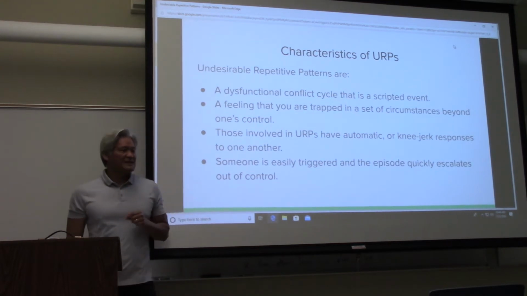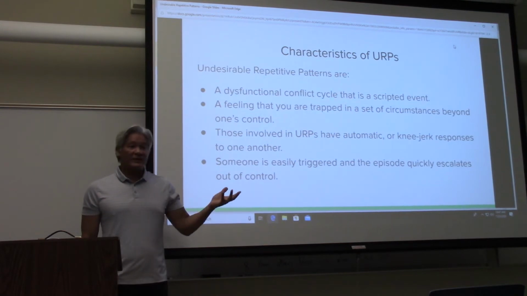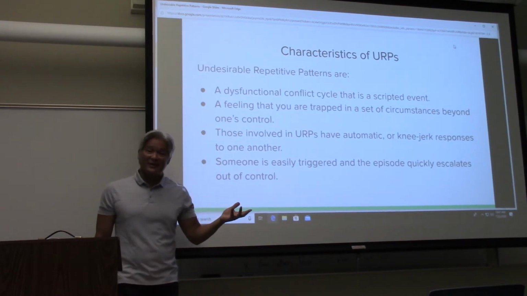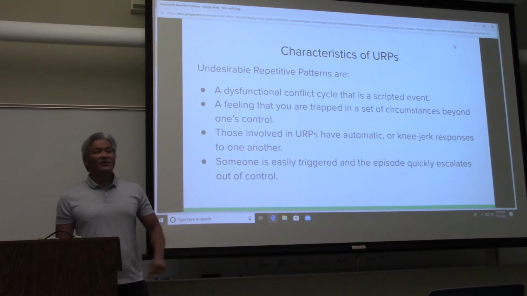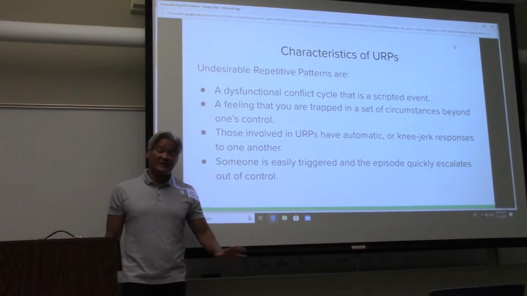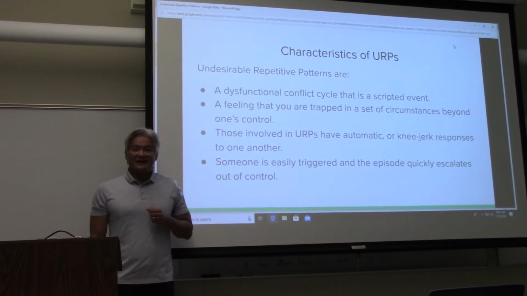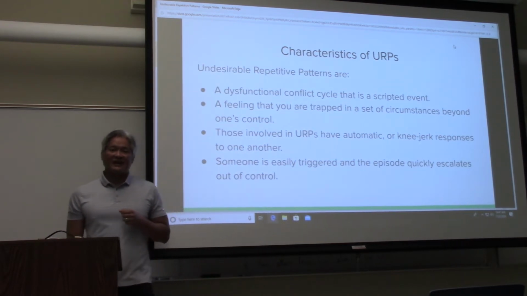Kitchen arguments seem really common with students at home living with parents, and "do the dishes," or living with housemates who are slobs, right? And you have those, it seems like, over and over. "Hey, could you put your dishes in the dishwasher when the dishwasher is empty?" Those kinds of discussions seem to be URPs in class.